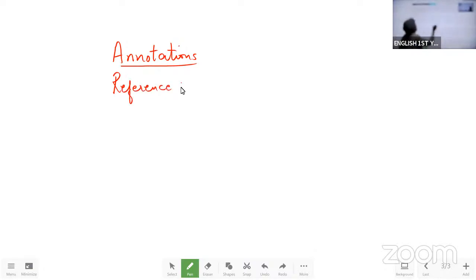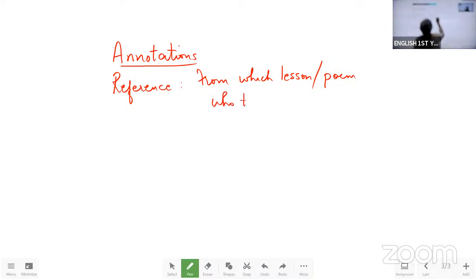From which lesson or poem it is taken from, and who the author or poet is. This is enough for writing in reference.